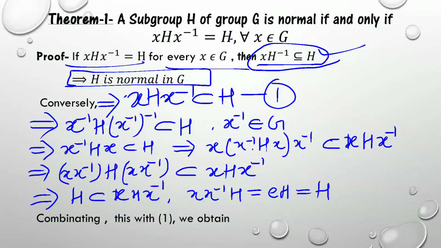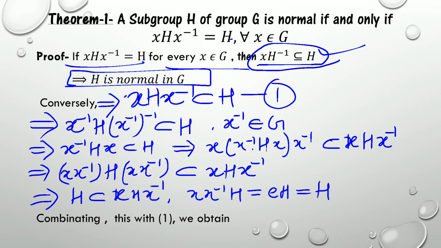It implies x inverse H x into x inverse is a subset of H x inverse. What difference is there in these two equations? There is nothing. We multiply x inverse on the LHS and the same on the RHS, so no effect.